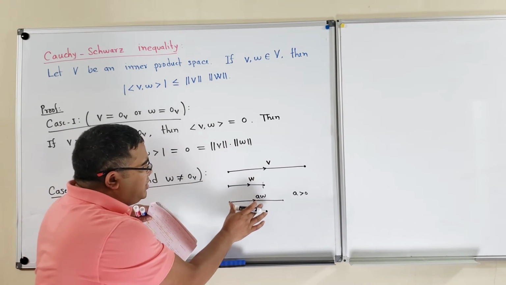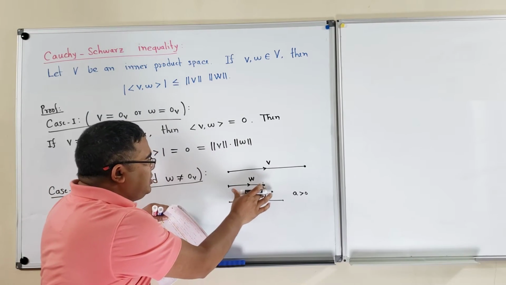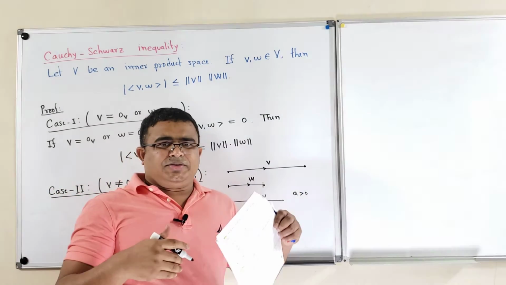If a is more than 1, then it will be bigger. If a is less than 1, then it will be squeezed.